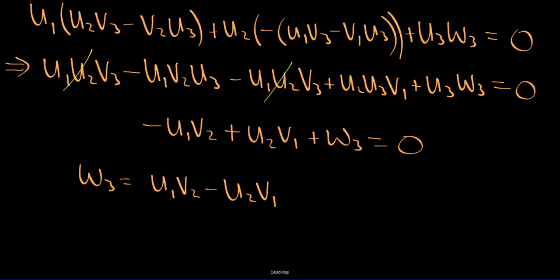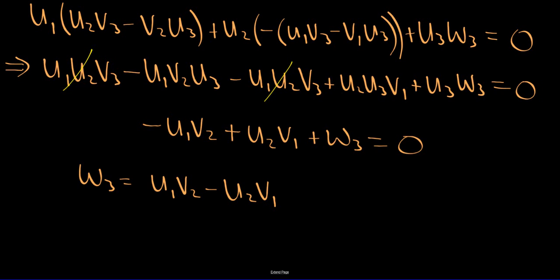Really? I can't believe it, but I have just found a vector W that's orthogonal to both, haven't I? Because I know what W1 is, I know what W2 is, and I know what W3 is. So I have found the cross product of those two vectors.